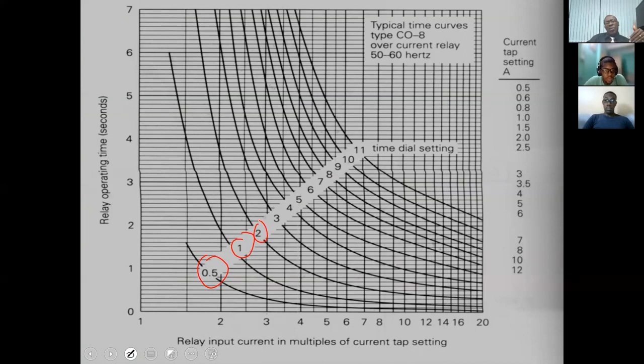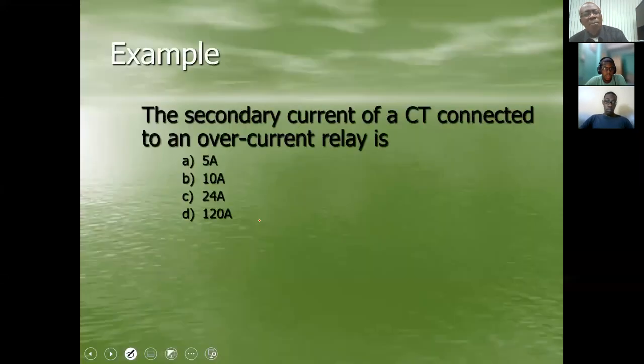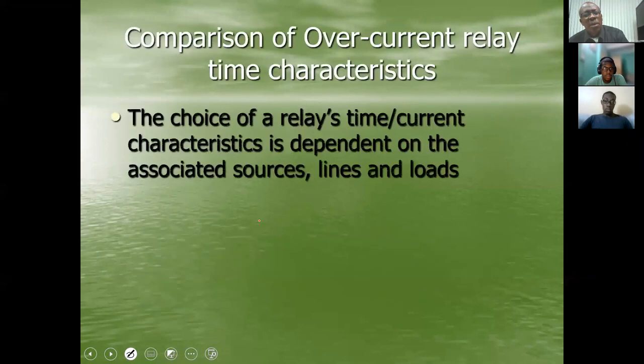So as the time dial number increases, what that means is that the distance between the fixed contact and the movable contact also increases. All right? So it will take longer for the disk to move the movable contact towards that fixed point. And we went through that example, right? So I won't bother going over it.